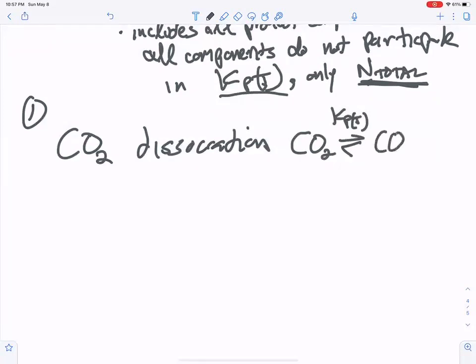And what happens is, depending on the details, it's a mixture containing CO2, CO, and O2. And depending on the situation, you'll have different proportions of these at equilibrium, at chemical equilibrium. So that's the chemical equilibrium model.